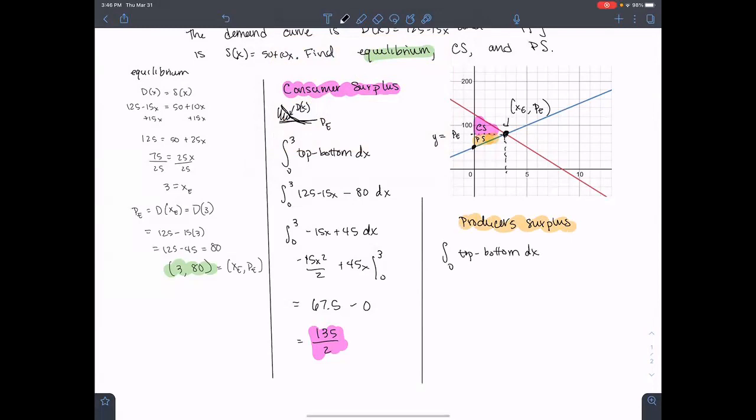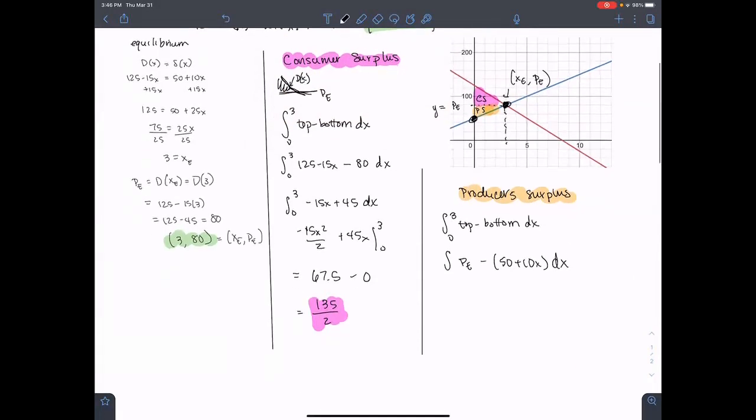Our x values are going to go from 0 to 3 again. The top function here is that straight line, so p sub e. The bottom function is our supply curve, so 50 plus 10x dx. P sub e is 80, so we're going from 0 to 3 of 80 minus 50 minus 10x dx. So that's 30 minus 10x dx, evaluated from 0 to 3.